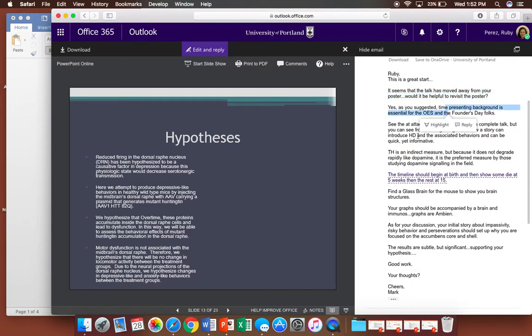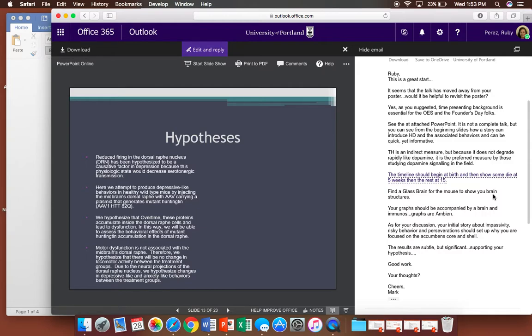I'll try to get more background this run through. I did look through this to get some ideas of what you were talking about. I'll add that in. I added in the timeline. I'm not exactly sure what a glass brain is. I assume it's those photos of transparent brains with the region inside of the brain that's a brighter color, or a darker color than the cortex of the brain.